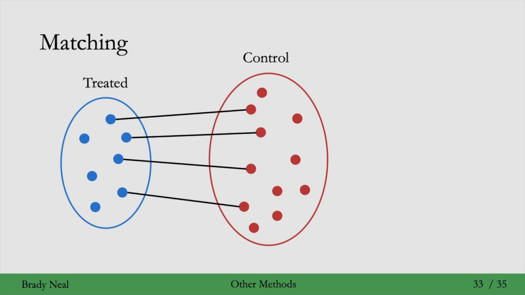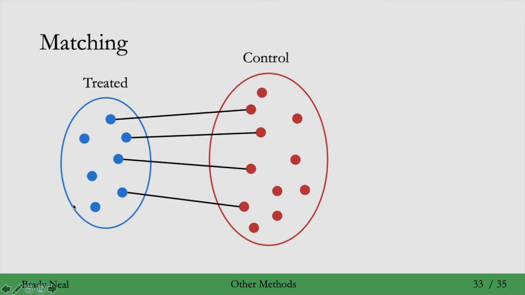The next popular method is known as matching. In matching, we take individuals in the treatment group and match them to similar individuals in the control group, where they're similar in the sense that they have roughly the same covariates, at least the covariates that we need to adjust for. So here, this blue dot can match to this red one, and same with these other three.